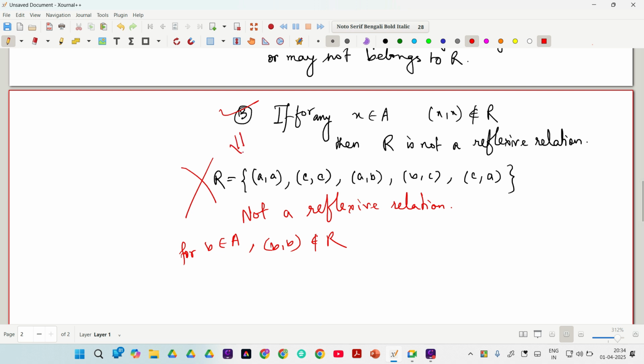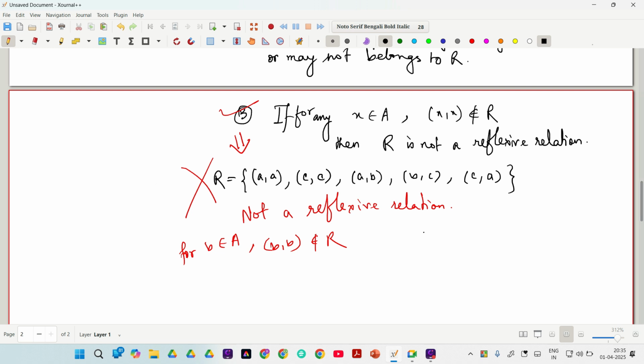This is the example of the third point. What I am trying to say is, if for any x belongs to A, (x, x) does not belong to R, then R will not be a reflexive relation.